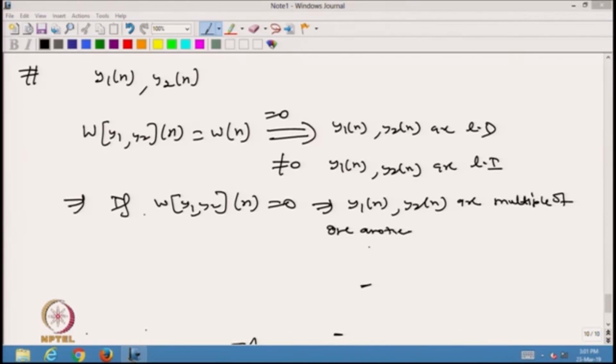That means I can write one function, say y2(x), as some constant multiple k of y1(x). So, y2(x) can be written as a constant multiple of y1(x).